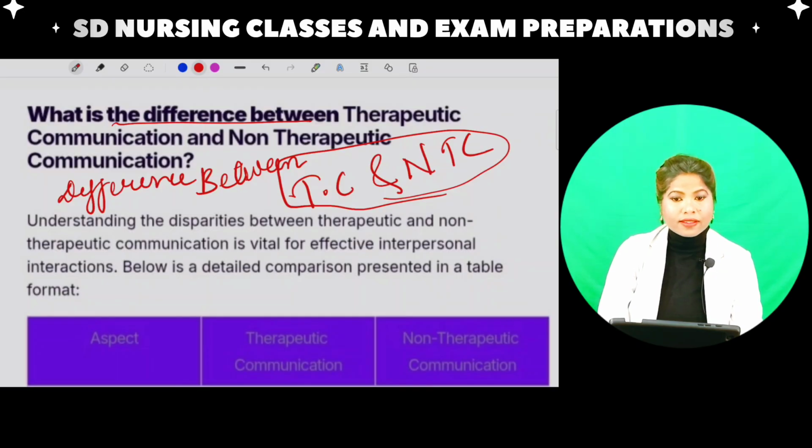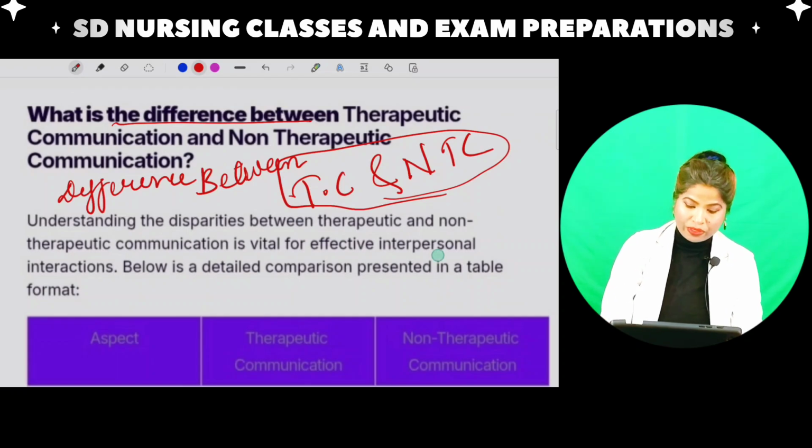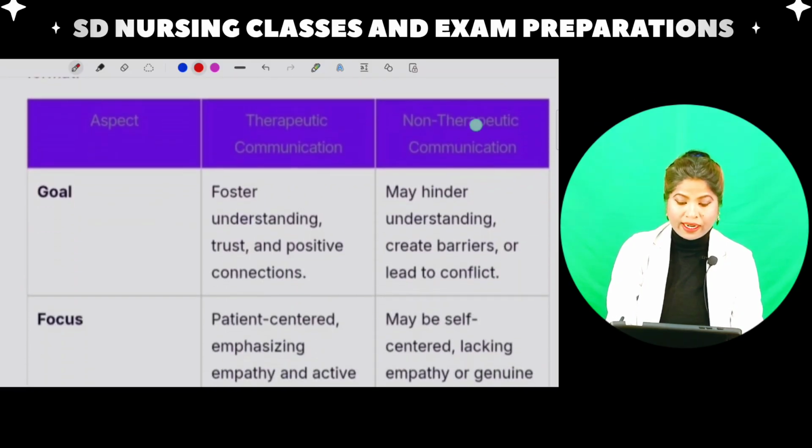So today we will discuss the difference between non-therapeutic and therapeutic communication. You can easily differentiate between them. Non means negative, which is not involved with the patient. So we can understand this very clearly here.